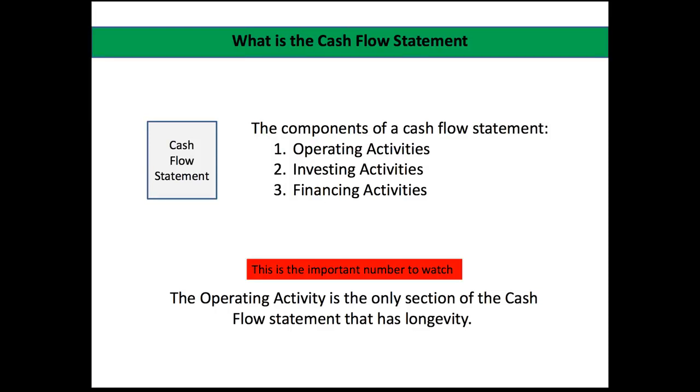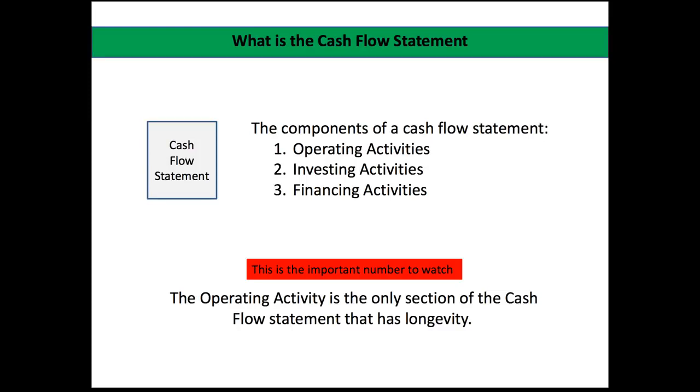So the money that he's using inside of his corporate account in order to buy more supplies, in order to upgrade his facilities, in order to buy new buildings, in order to purchase stock in other companies, in order to buy bonds, all those investing type activities are the second item that's listed on the cash flow statement.